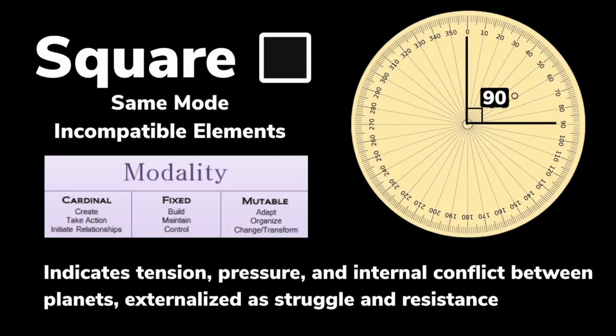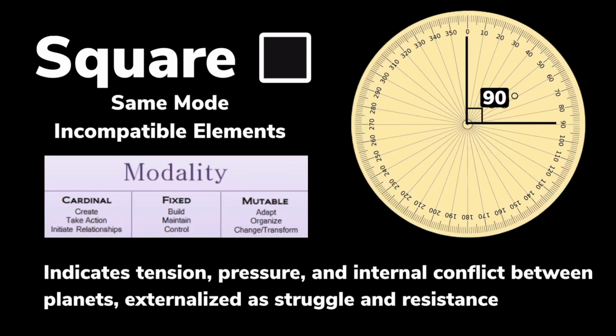Okay, so the last aspect I'm going to talk about is square. Square is when two planets are at a 90-degree angle from each other. When two energies are in square, it could mean that they are incompatible because of the elements.